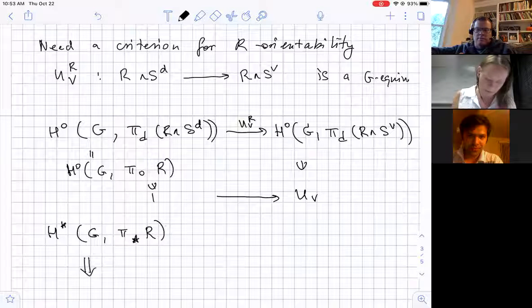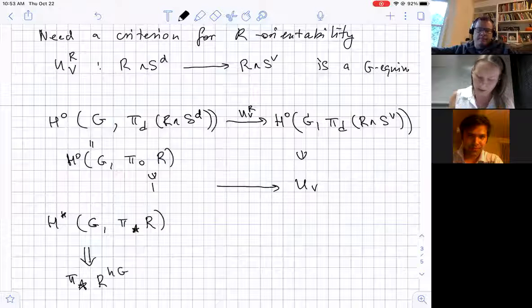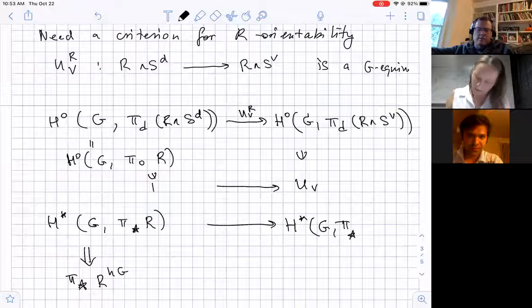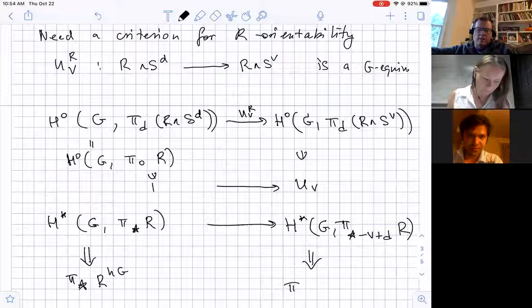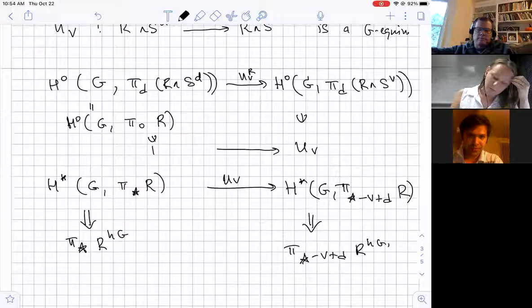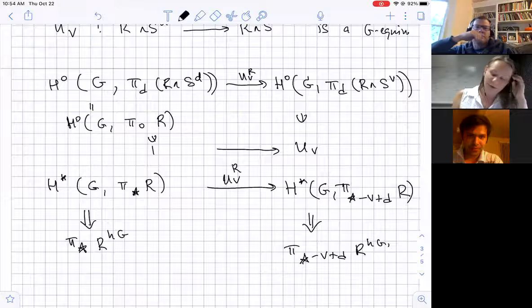So this is the one that's computing the RO(G)-graded homotopy of R^hG. And this one computes the homotopy of minus V plus D smashed with R. And UVR in this case gives me an isomorphism on the E2 pages, if V is R orientable.